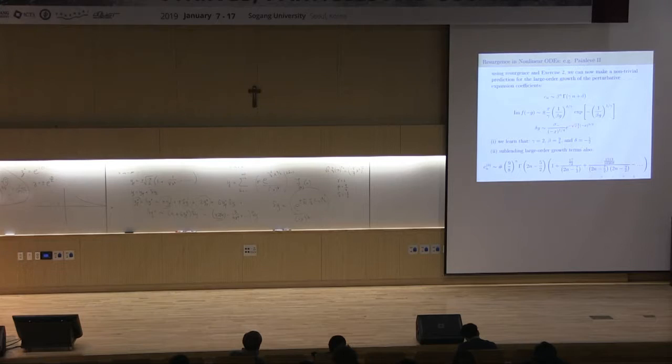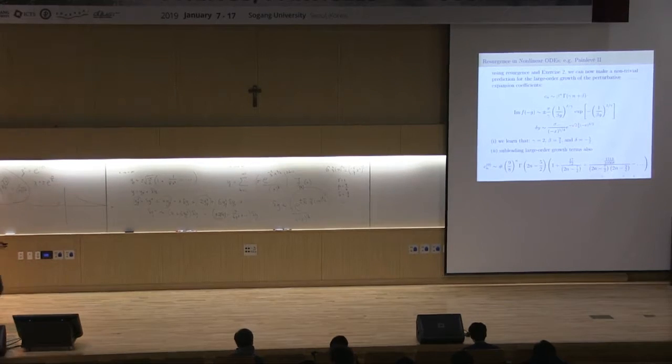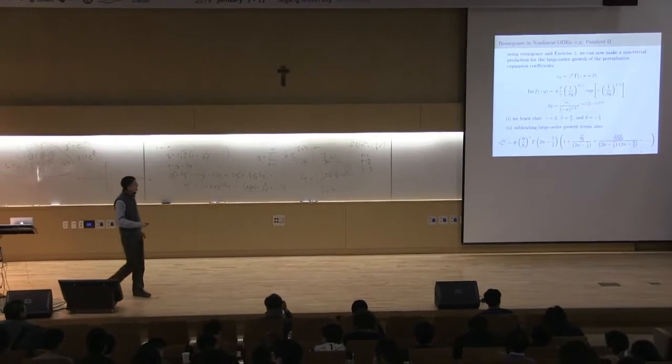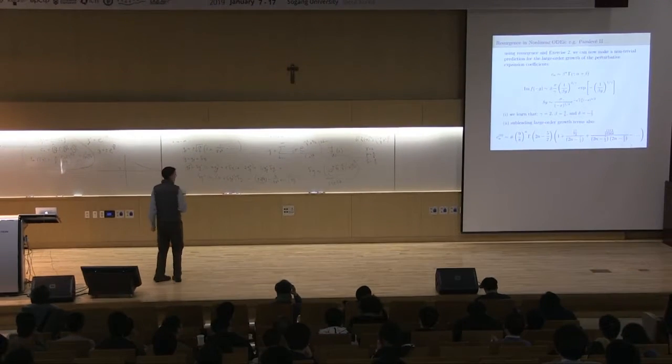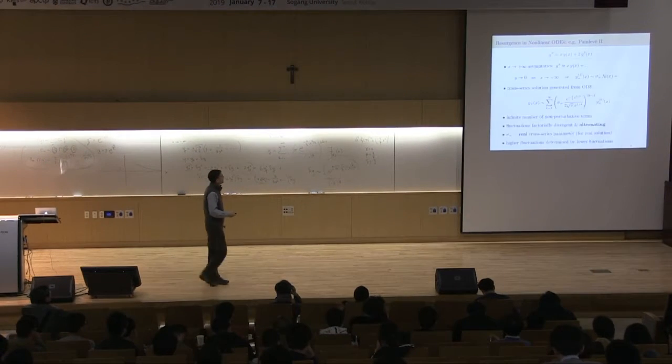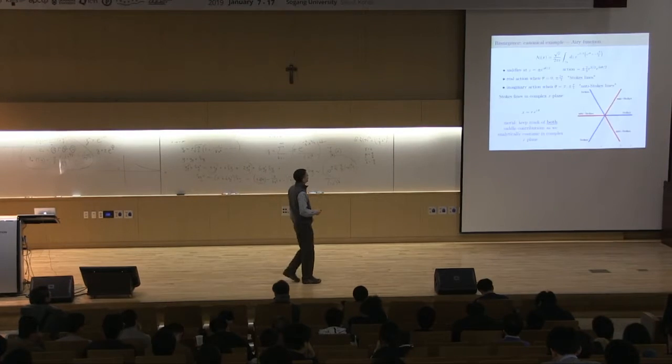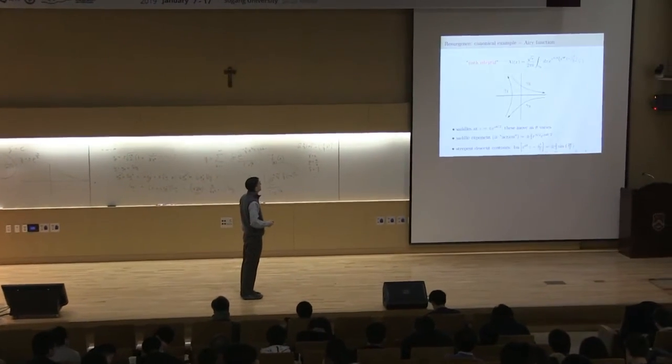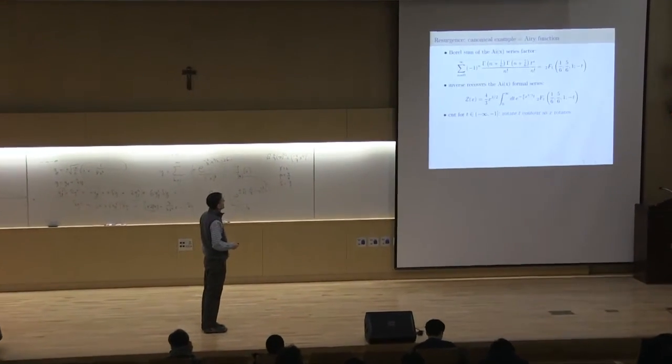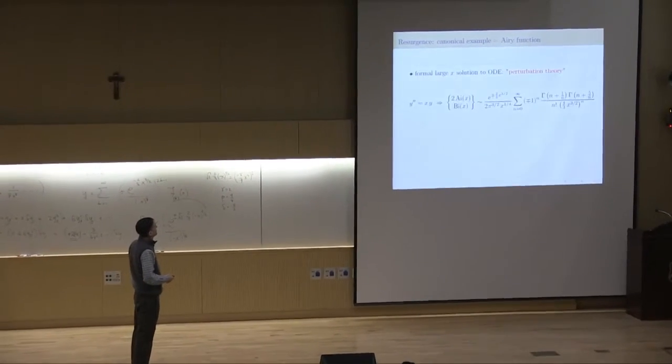And again, I picked this example because it shows up in a lot of problems in the type of physics we're interested in. That's from this, sorry, I have to go back a lot.